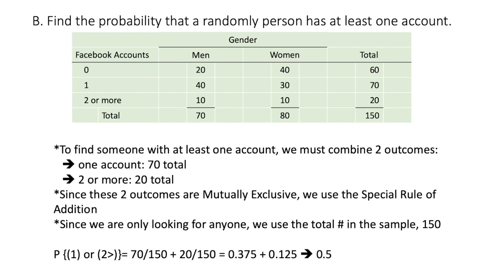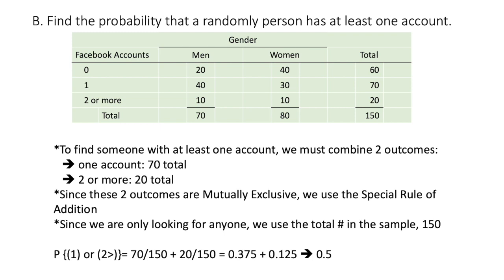These 2 outcomes are what we would call mutually exclusive. This means that a person cannot be part of the 70 and also part of the 20. If you have 2 or more, you're not counted in the only having one. Because of this, we're going to use the special rule of addition that I went over in one of the earlier lectures. Again, we're looking for anyone that has at least one, so we're going to be using this total sample size of 150.